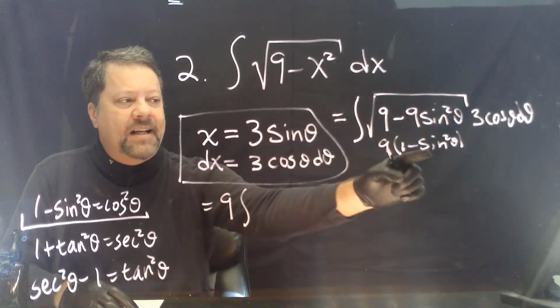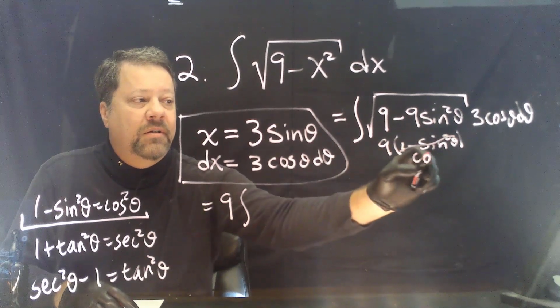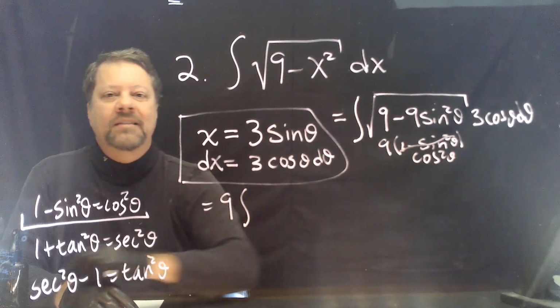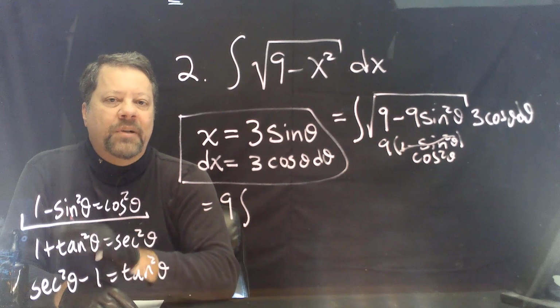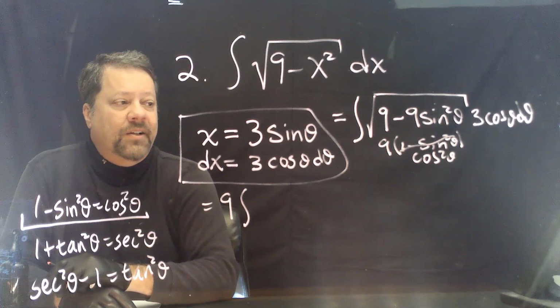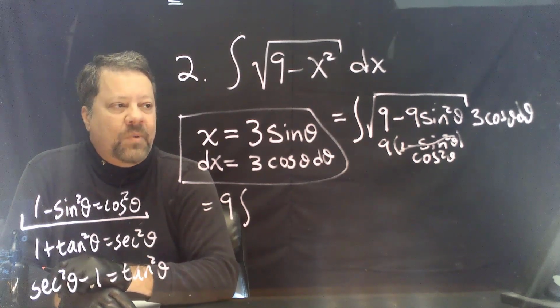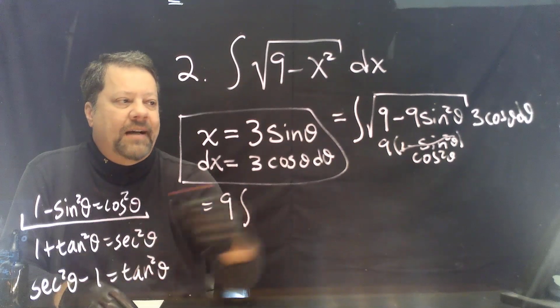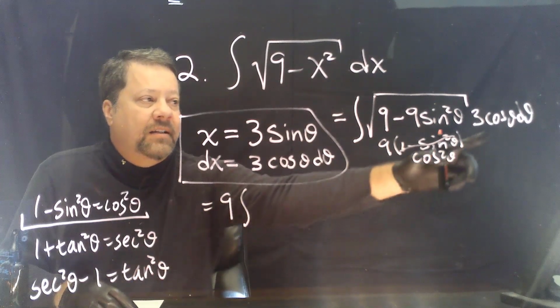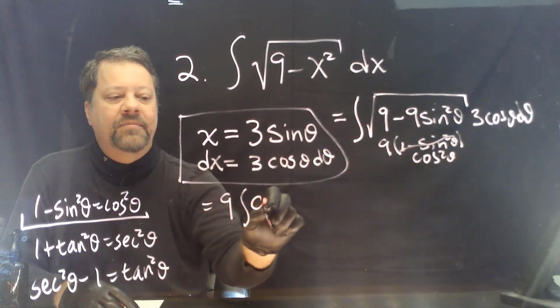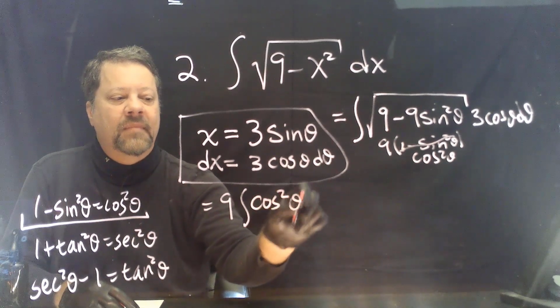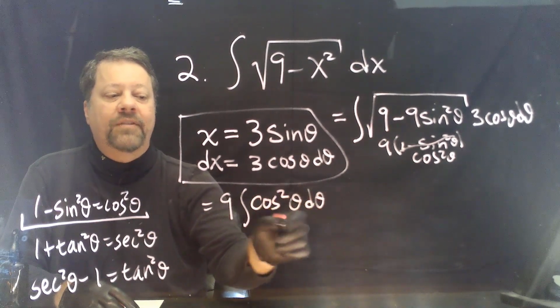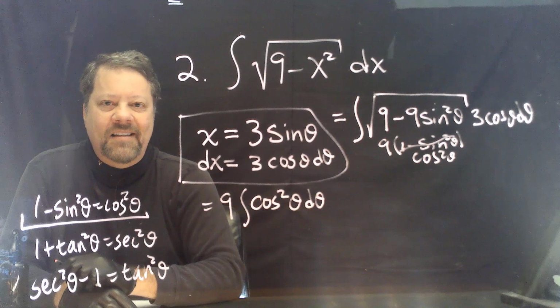We'll have 1 minus sine squared, which is cosine squared. Now we have a single perfect square under the radical, the cosine squared. The square root and the square will cancel each other out, leaving just a cosine, and then we have this other cosine, leaving us with the integral of cosine squared theta d theta.